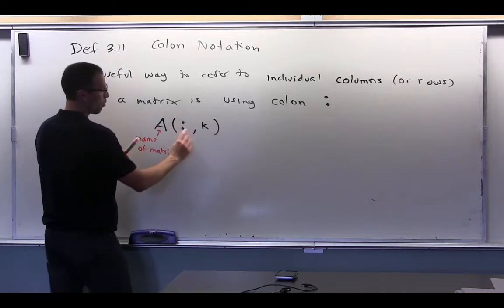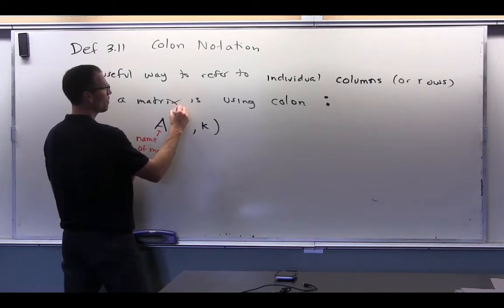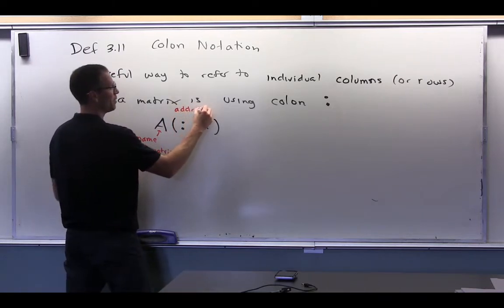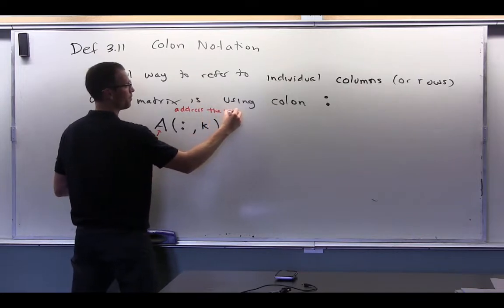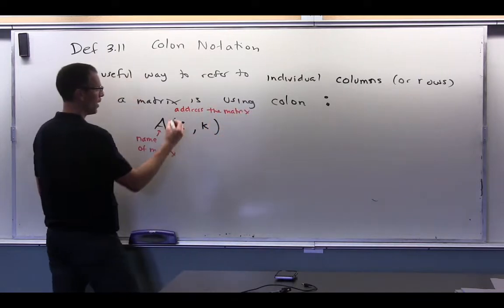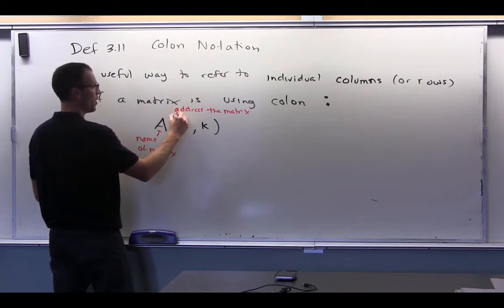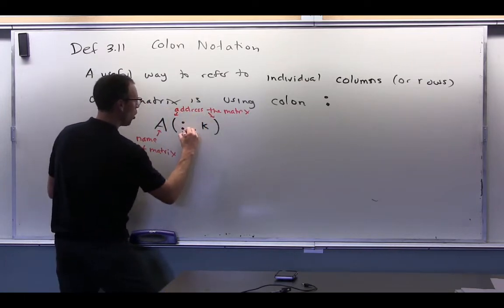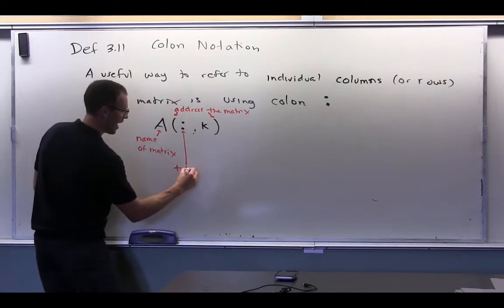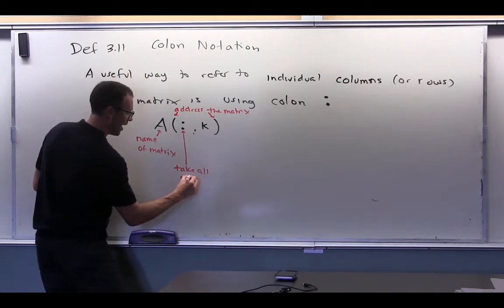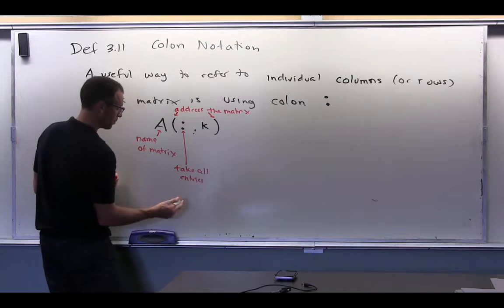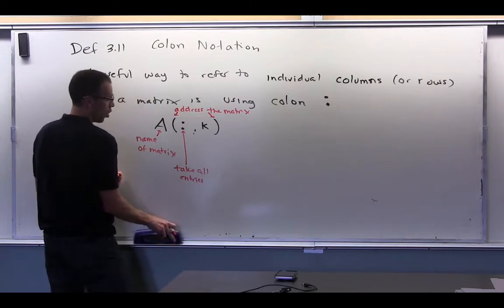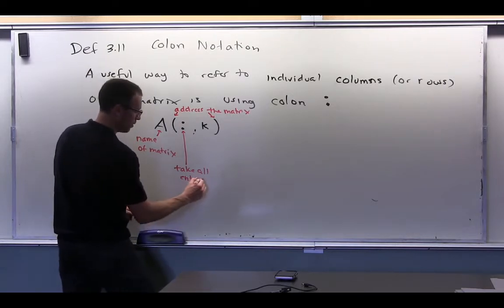A. The parentheses are going to be used to address the matrix. So inside these parentheses, there's going to be a matrix address. When we see a colon, think take all entries, take all entry indices here.